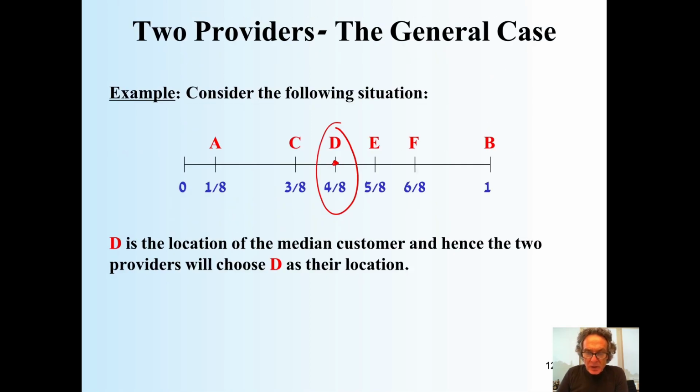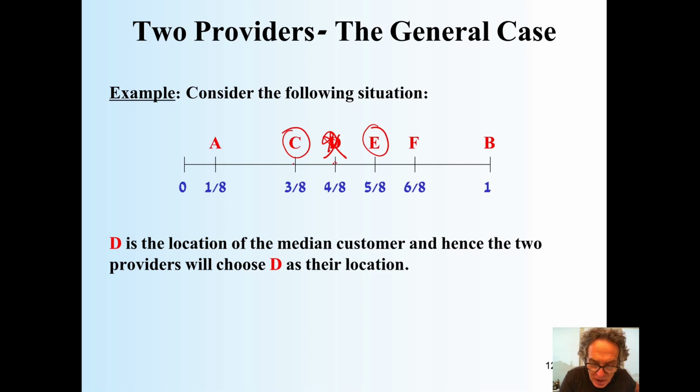You know what? Before that, suppose now that there is no D. It's not in our PowerPoint, but let's jump out of my mind. Let's say this is 4/8, but you cannot locate yourself here. Then look, C and E are equally distanced from the half.